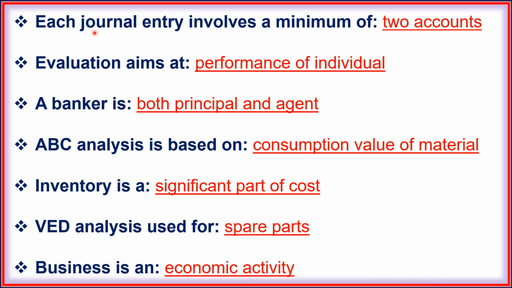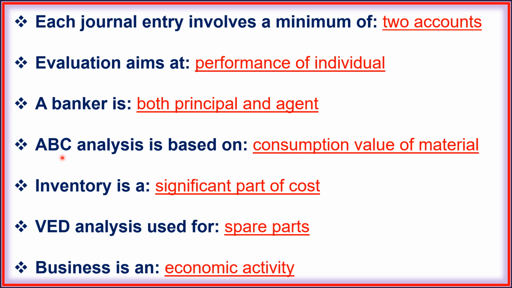Next, each journal entry involves a minimum of 2 accounts. Next, evaluation aims at performance of individual. Next, a banker is both principal and agent.